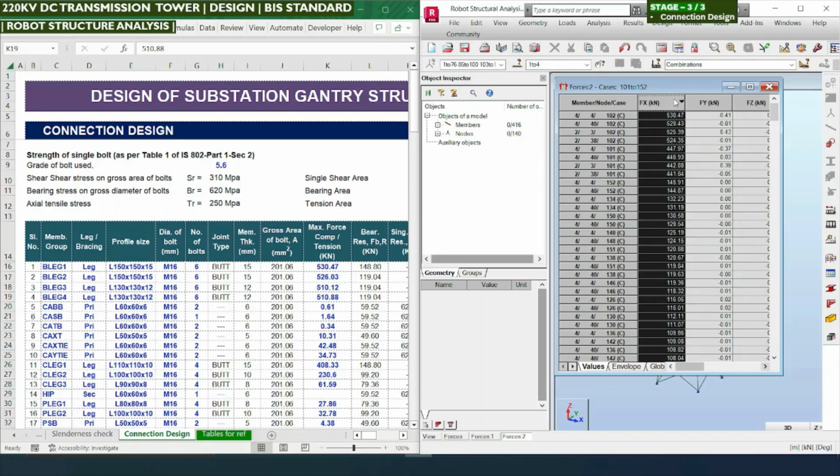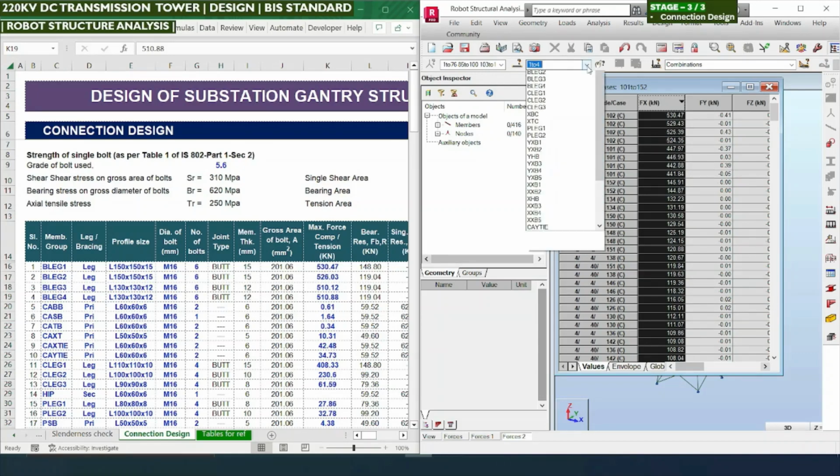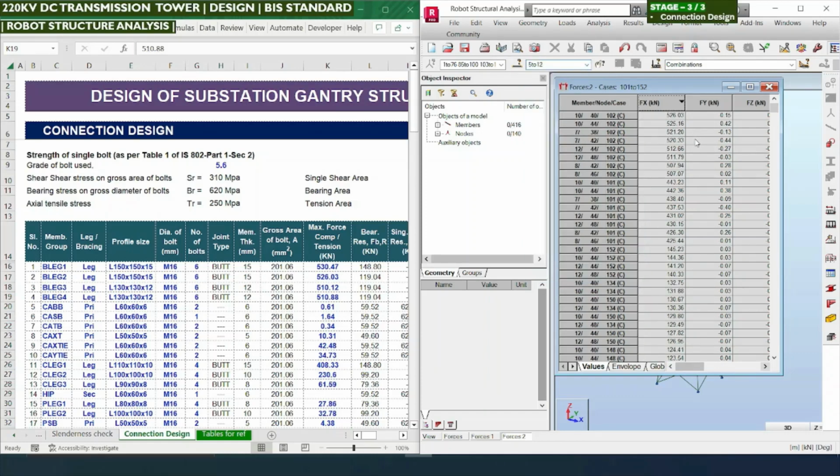We need to get only the absolute value. Even though it is minus or positive, we need to check the numerical values, which one is maximum. So here 530, that positive value is higher, so we need to consider this 530.47 here.